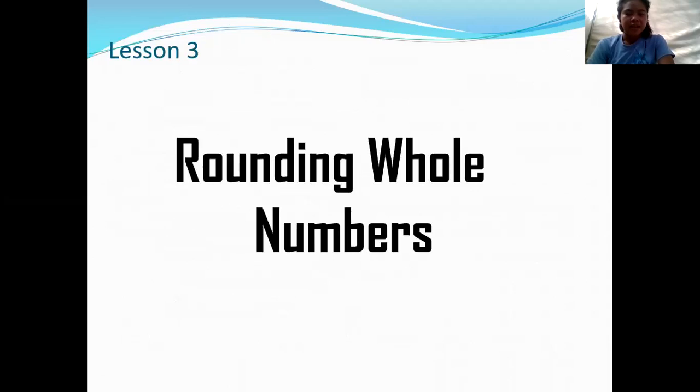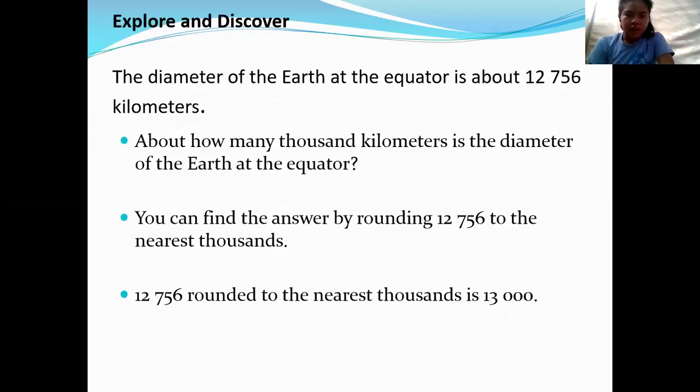Okay. Next, last lesson, we have rounding whole numbers. The diameter of the Earth at the equator is about 12,756 kilometers. About how many thousand kilometers is the diameter of the Earth at the equator? The question is about how many thousands, so it is asking for the estimated or rounded number.